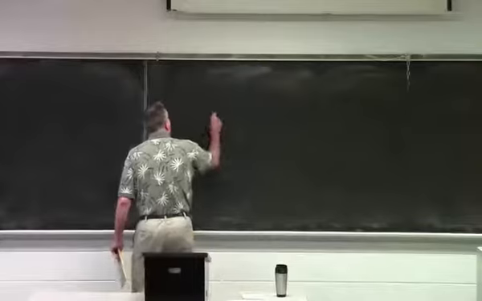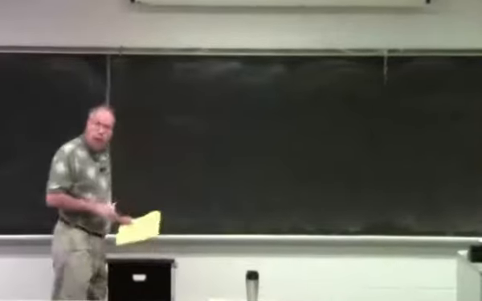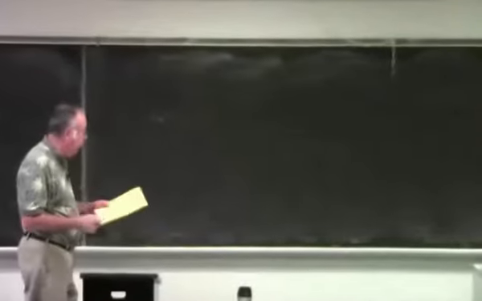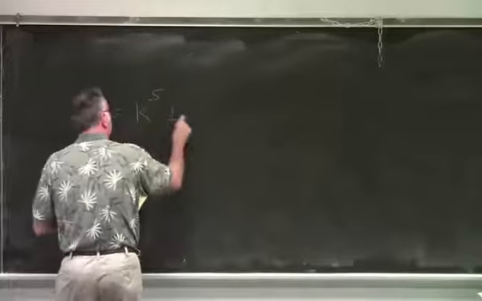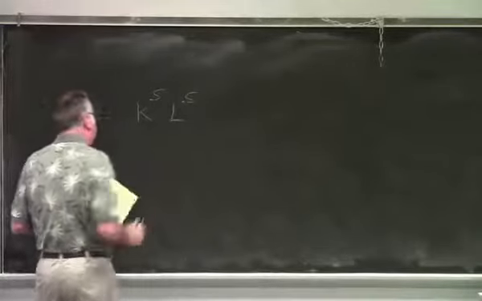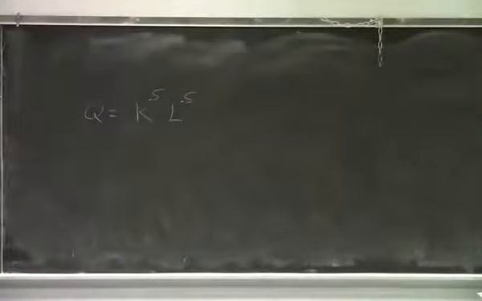Suppose we have this Cobb-Douglas production function, where the output of a firm per period is simply K to the 0.5 power times L to the 0.5 power. That's the firm's production function. It's a function of both capital and labor.